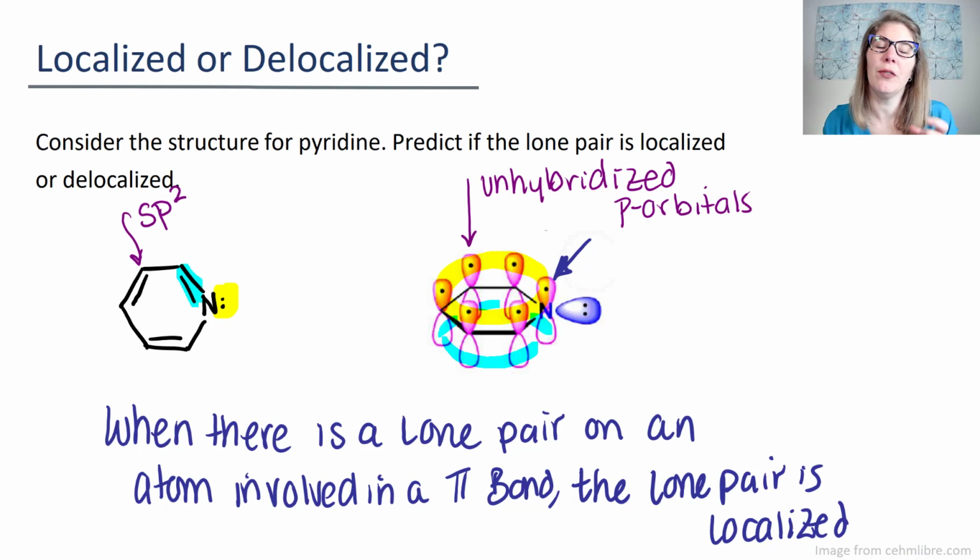The only way for that lone pair to have been delocalized is if it was part of that p orbital system, but you already have a p orbital that's being used to make a pi bond.